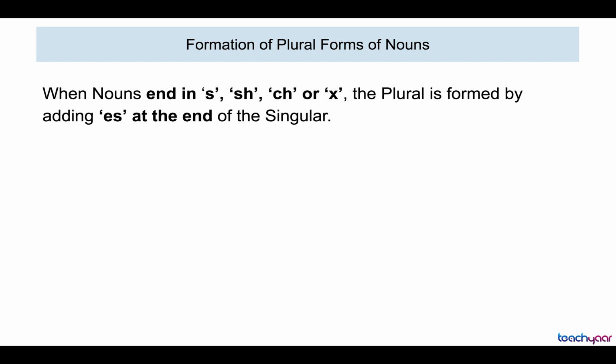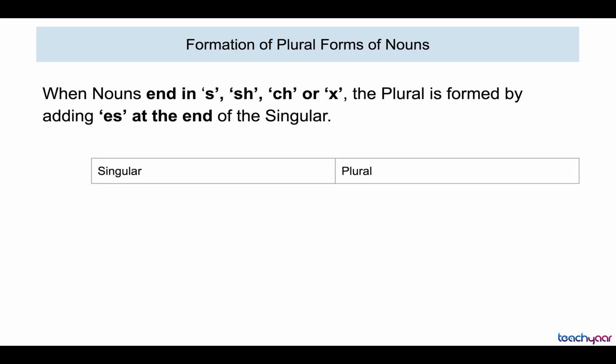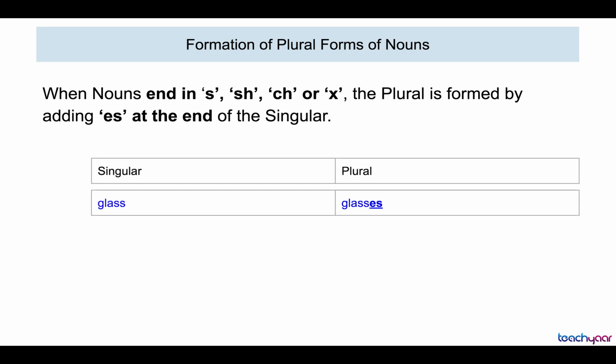When nouns end in s, sh, ch, or x, the plural is formed by adding es at the end of the singular. Let us take a few examples. Glass. It ends in s. So what have we done? To make it plural, you just add es.